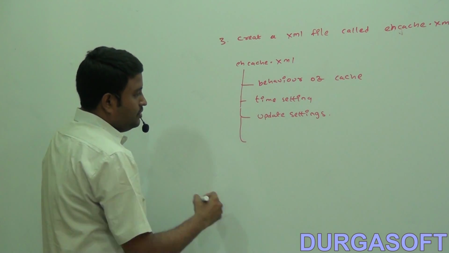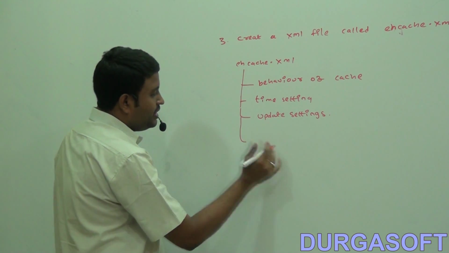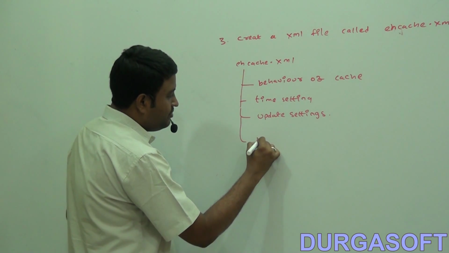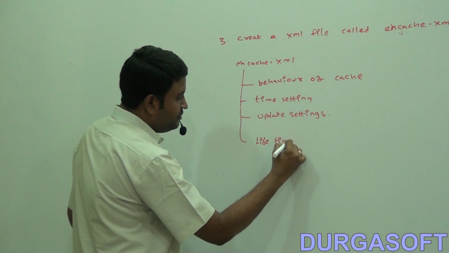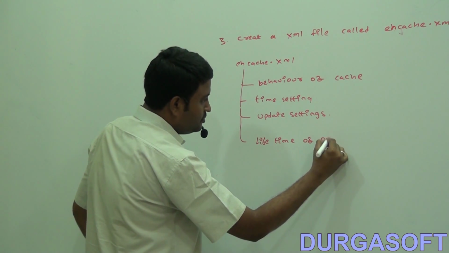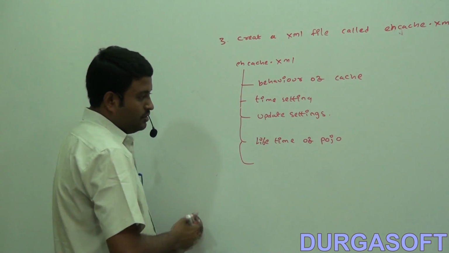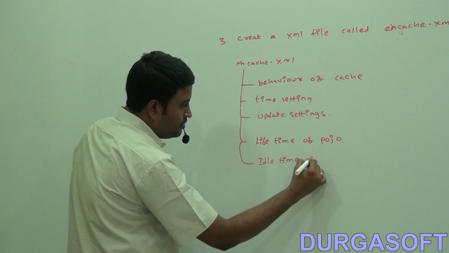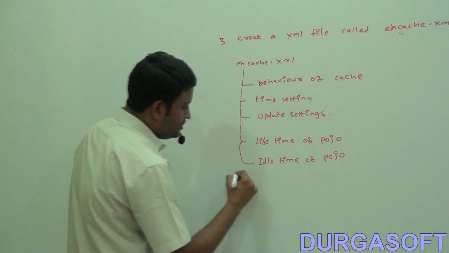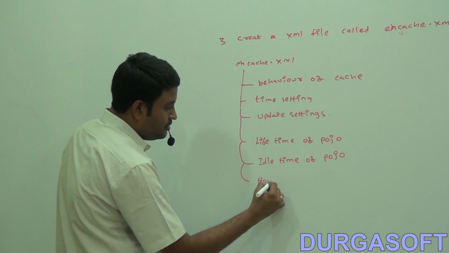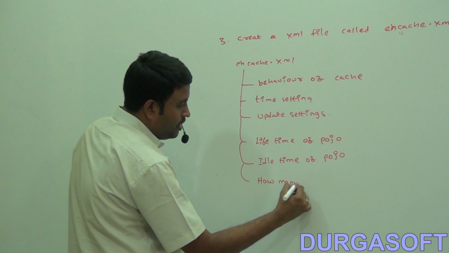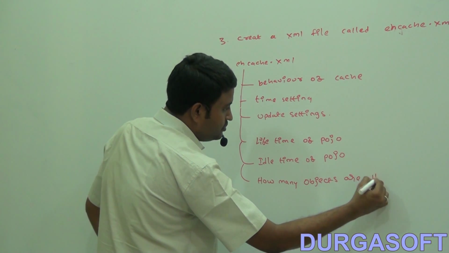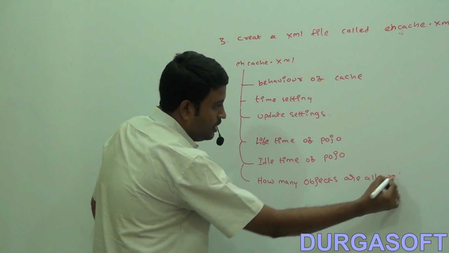Here we configure things like the lifetime of the Pojo and the idle time of the Pojo, and how many objects are allowed.